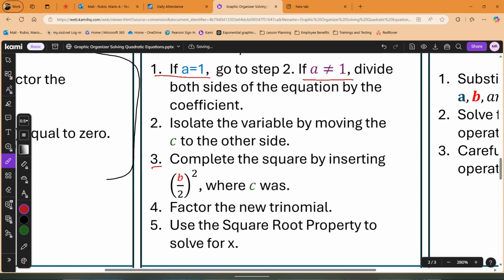You complete the square by inserting b divided by 2, quantity squared, so the whole thing squared, where c was. Then you're going to factor the new trinomial. This part is the same as factoring. Factor the new trinomial, and then use the square root property to solve for x. Those are the steps to complete the square.